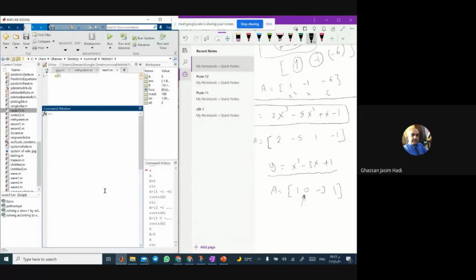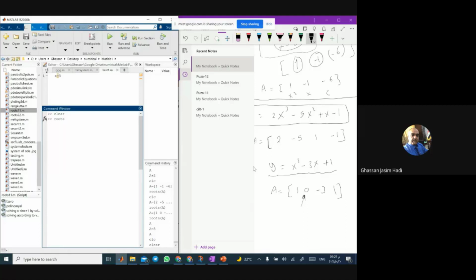Good. Now, let's say clear. Here, we will clear everything. Also, we could use roots directly. Let's apply this directly. What do I have to write? I have to write roots.